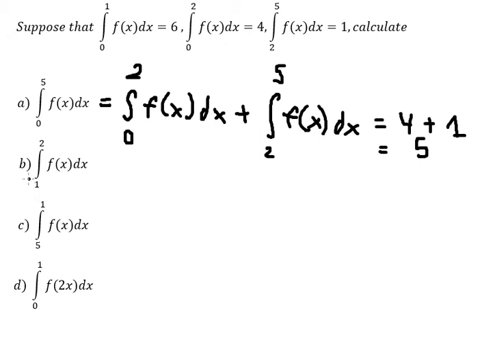Question B. We want to find the integration from 1 to 2. So we have this integration in here. We need to minus the integration from 0 to 1. That means we just have only from 1 to 2.